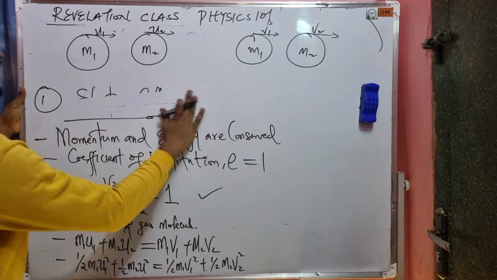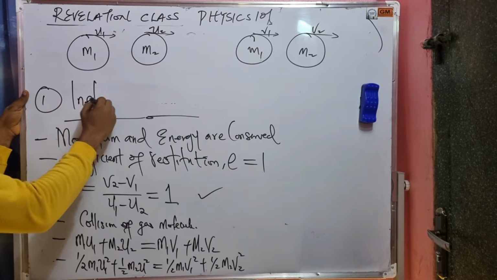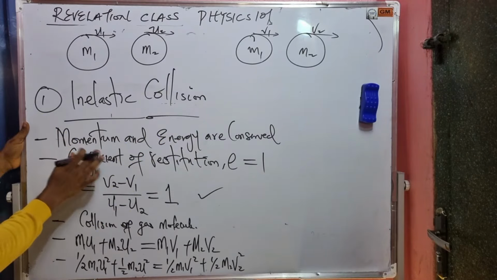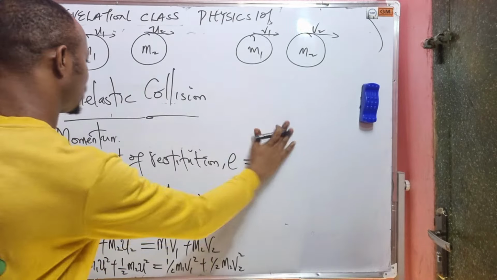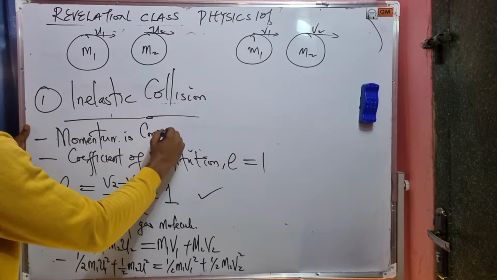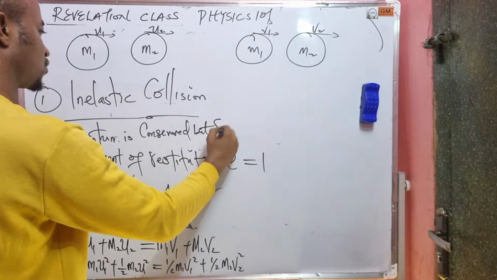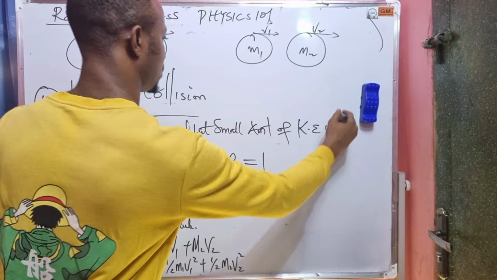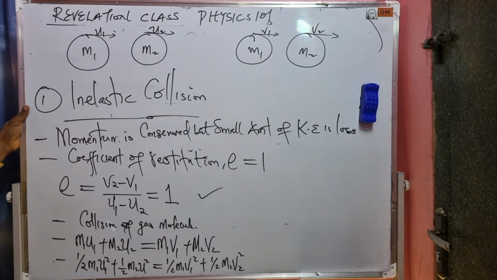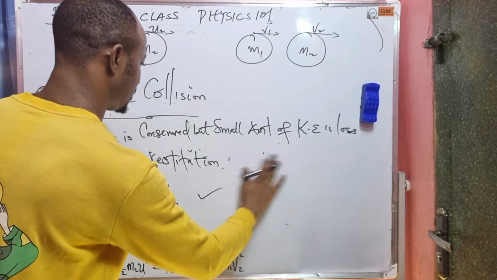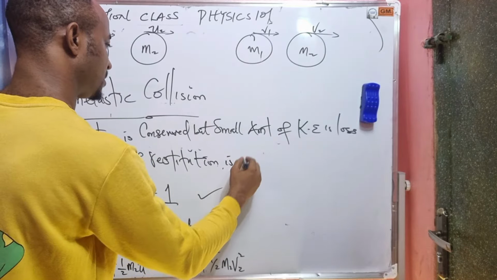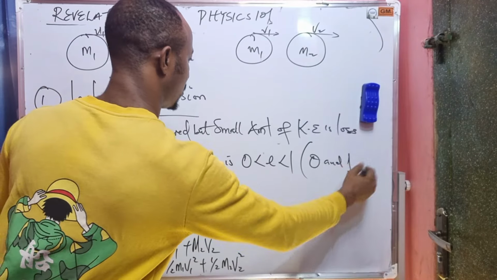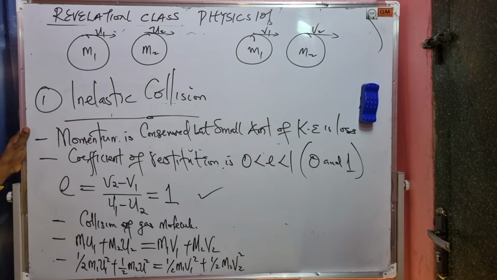Then when we come to inelastic collision, we say momentum is conserved, but energy is lost. Momentum is conserved, right? But a small amount of KE is lost. The coefficient of restitution is 0 less than E less than 1, meaning between 0 and 1.